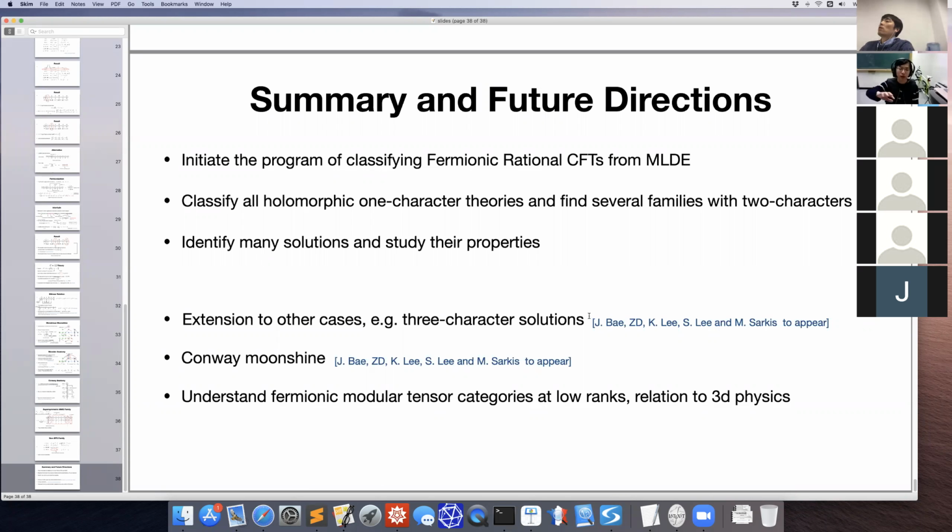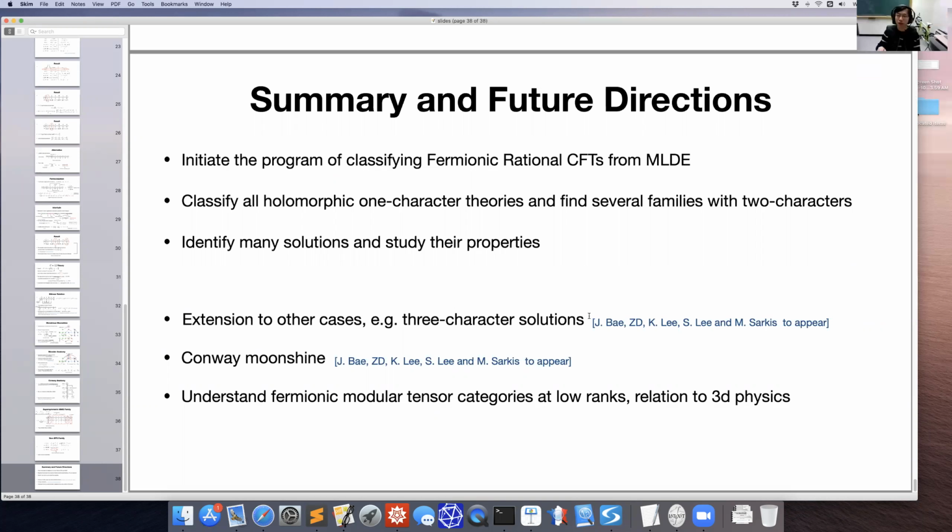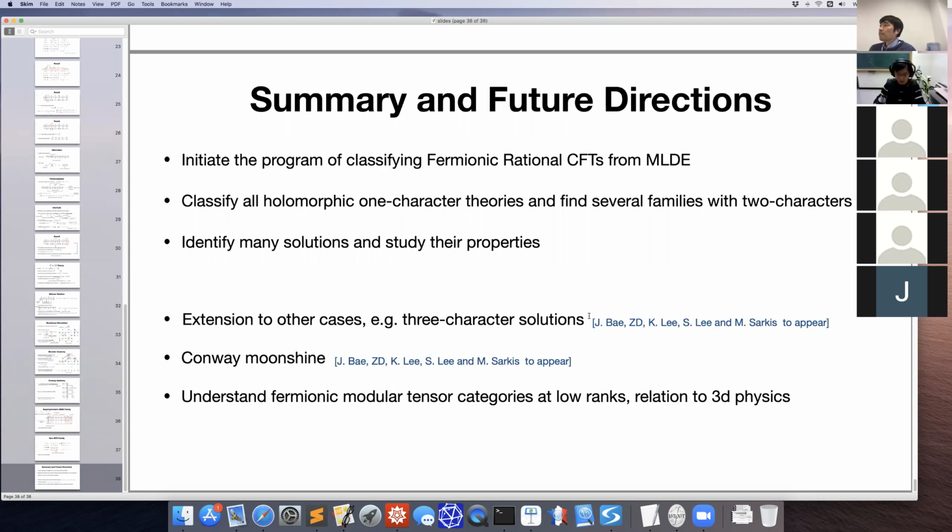Here I'm only showing you the NS sector, because for fermionic MLDE we can only look at a specific sector. But if you bosonize the theory, then you need to consider all of the characters. Then it becomes a very big MLDE with very high order. I see. The simplest example is the Ising CFT and the Majorana fermion. I see. Thanks.